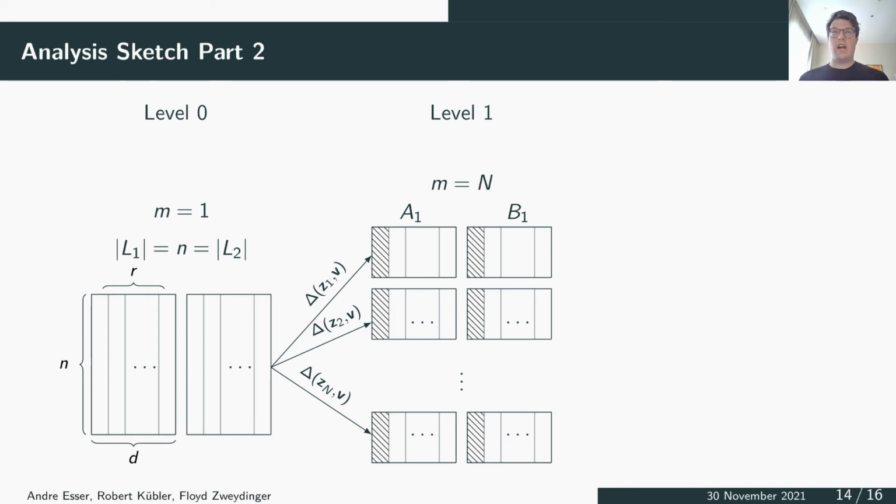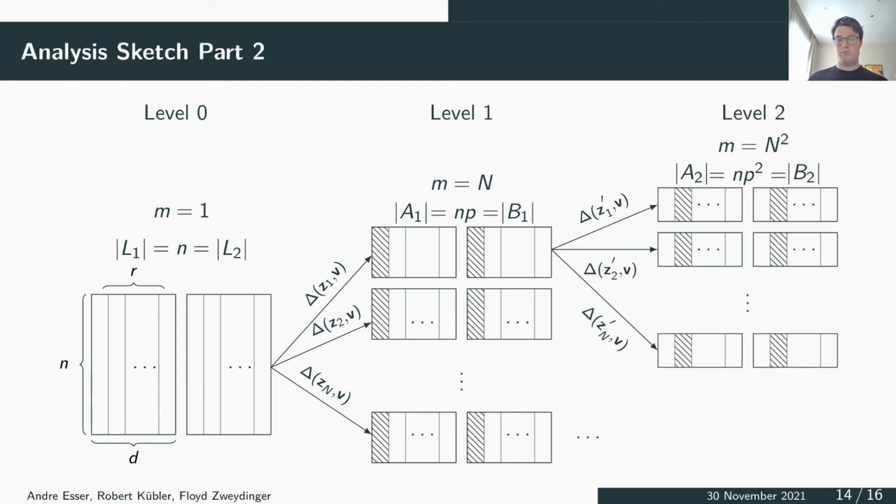Regarding the size of the filtered lists, p is the probability that a random element, any element, survives, meaning in each filtering step only a p fraction of elements survives, resulting in lists of size n times p for the first level.